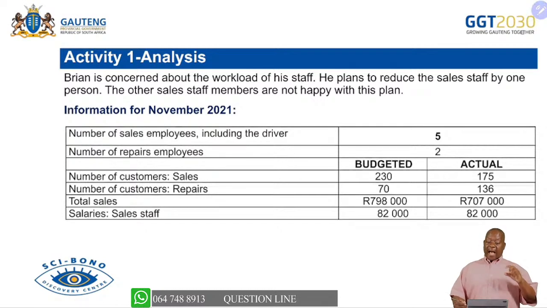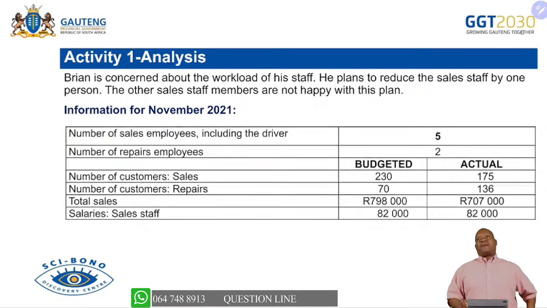And then the other sales staff members are not happy with this plan. Okay. Information for November. According to this, the number of sales employees, including the driver, is 5.